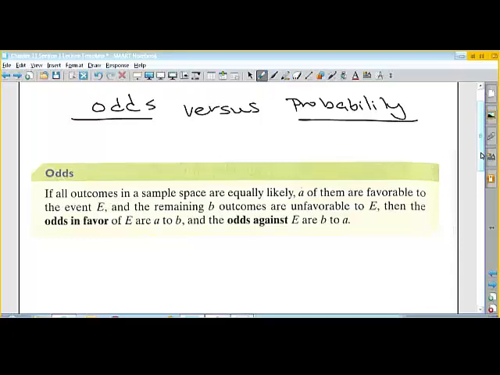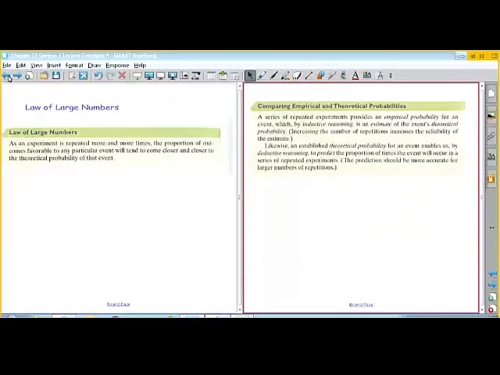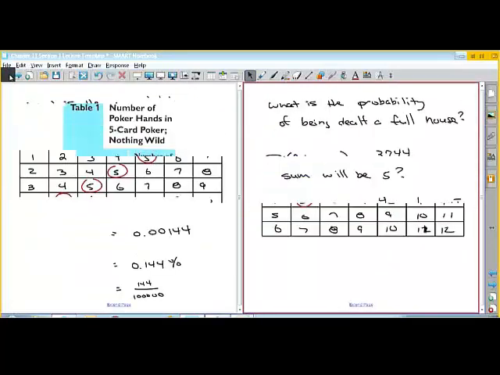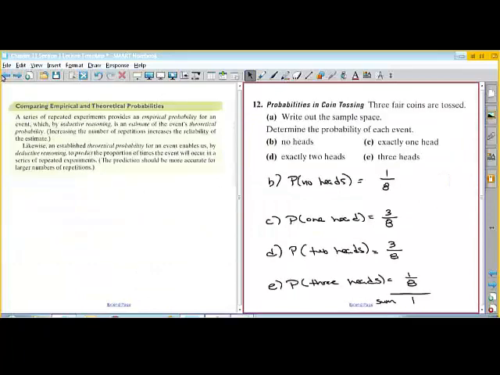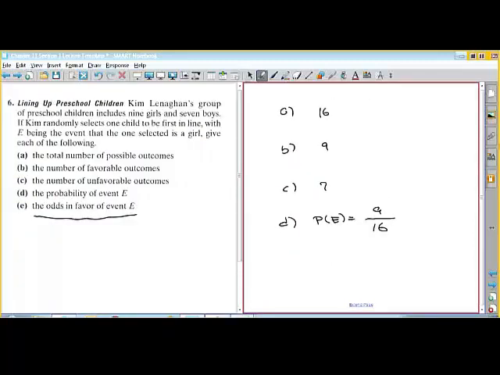Okay, so let's think about this. Let's go back to the problem that we didn't finish and calculate the odds and show you how it works. There we go. So here it says odds in favor of event E. So odds are favorable to unfavorable.